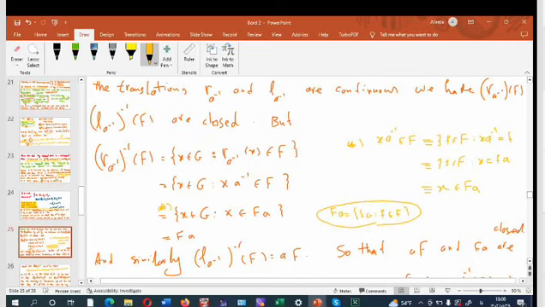This belongs to F, equal to: there exists an element f of F such that xa^-1 equals f, so that x equals fa. You can multiply by a from the right on both sides of this equality, so that x equals fa, and fa is an element of Fa, capital F, okay?